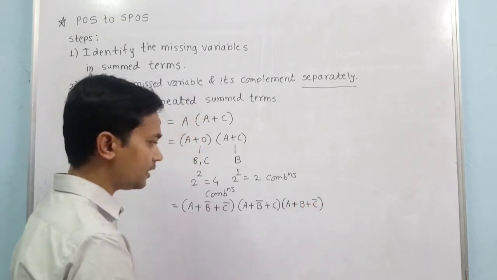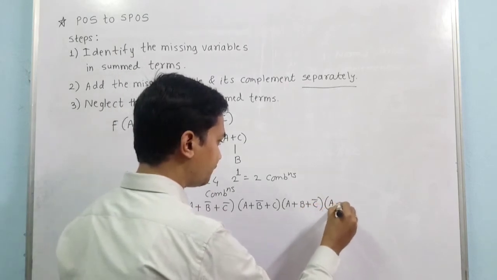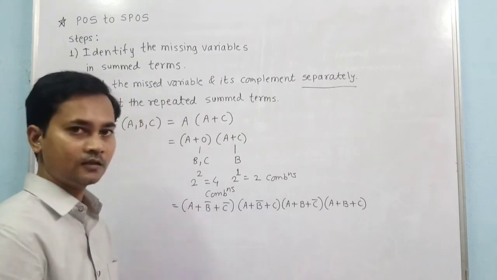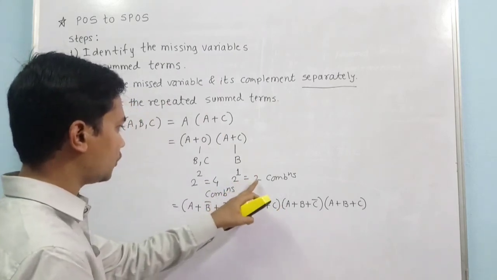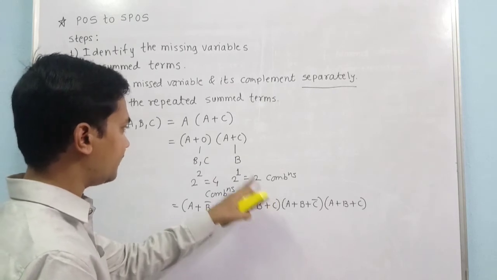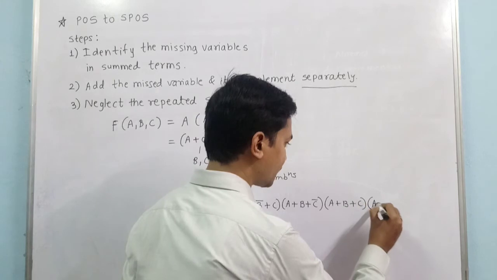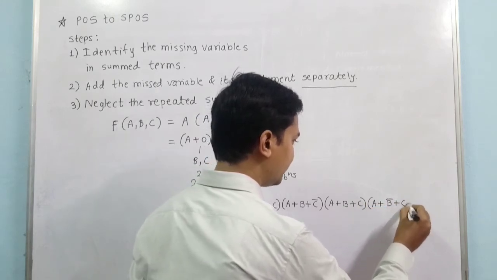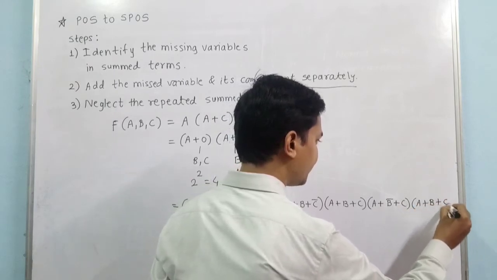The fourth combination is A plus B plus C. Now two combinations have to be added to A plus C, so write A plus B bar plus C and A plus B plus C.